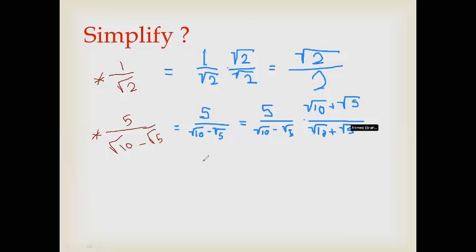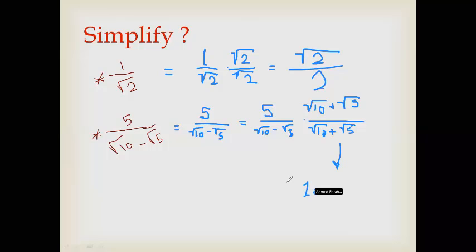Next step, we will multiply root 10 with root 10, the first by first. Root 10 times root 10 equals root 100, and the root of 100 is 10.